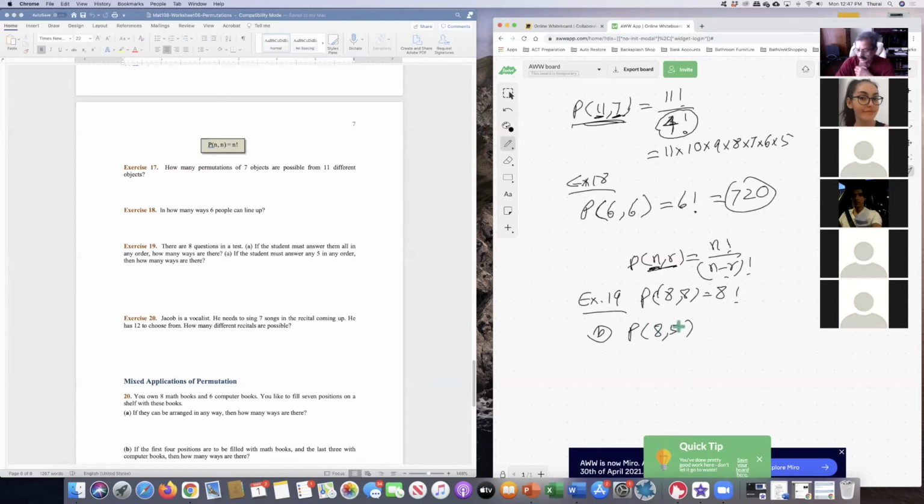From the 8 questions, he can choose 5 and answer them in any order, so any rearrangements of 5 will have to be counted. So you choose any 5, rearrange, then choose another 5, rearrange, you have to count all of them. So that will be given by P(8,5), which is factorial 8 over 8 minus 5 is 3, so 3 factorial.